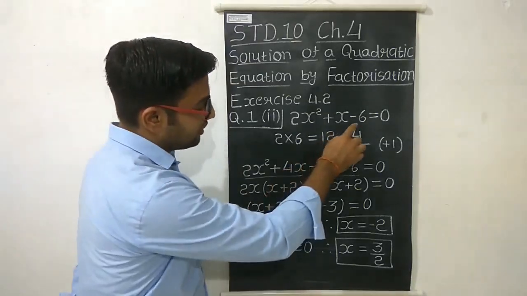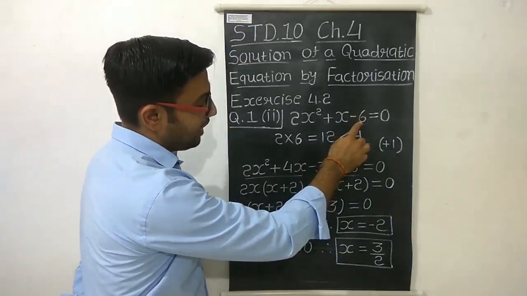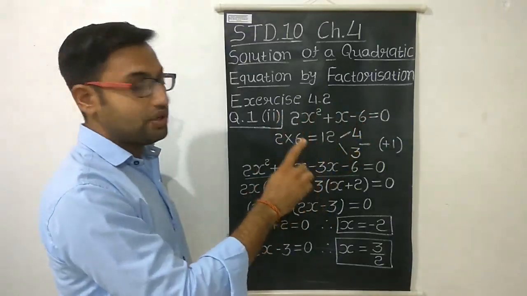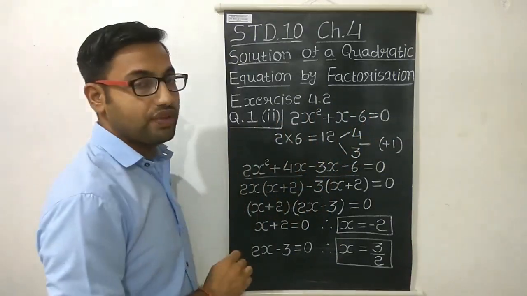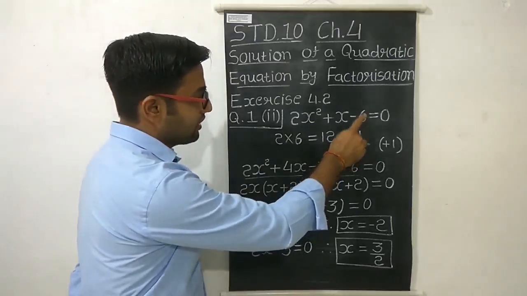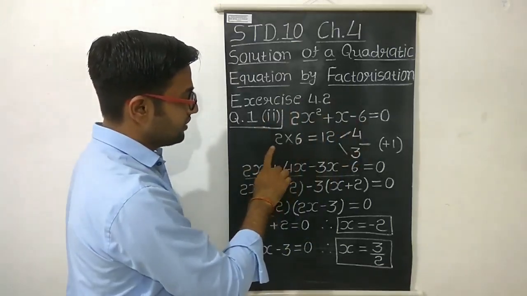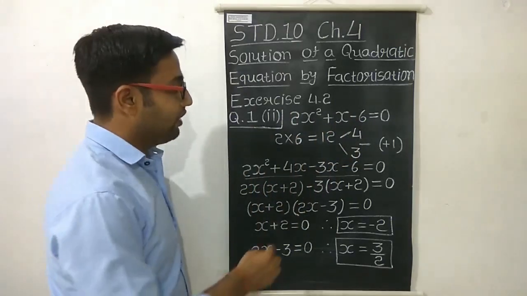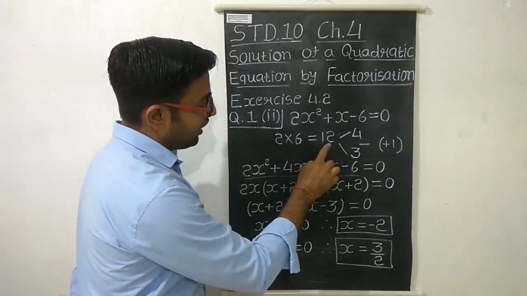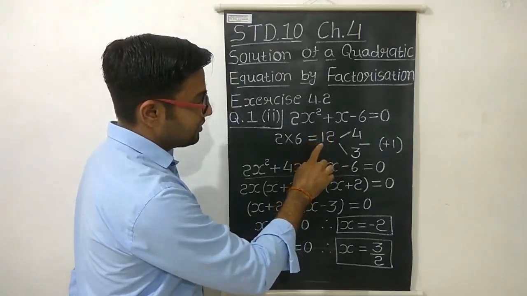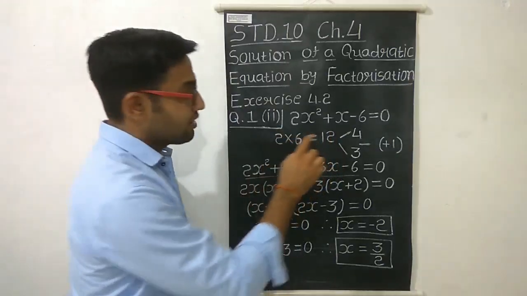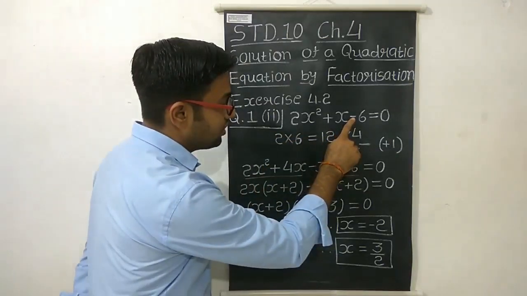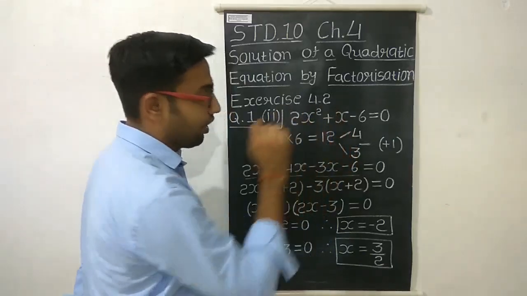Notice that the constant is 6 and the coefficient of x square is 2. Multiply both these numbers, 6 and 2. By multiplying 2 and 6, we get 12. Now we have to factorize 12 such that the subtraction of both these factors becomes 1.